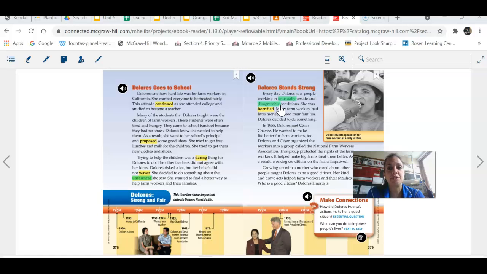That means that you're able to do something. And dis means not. So, what do you think disagreeable means? Let's check your thinking. You are not able to agree with the conditions. So they wouldn't be good conditions.